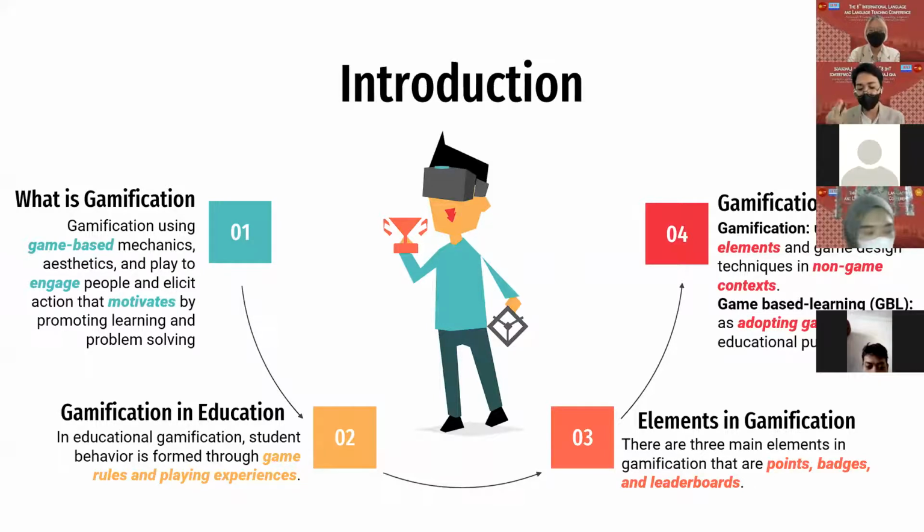So there are three elements in gamification: points, badges, and leaderboard. Each element has a different use and purpose, but apart from these three elements, there are also progress, performance graph, quest, level, avatars, social element, and reward.